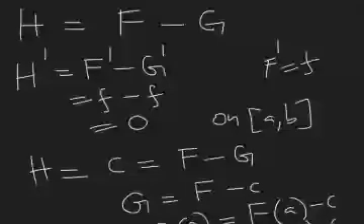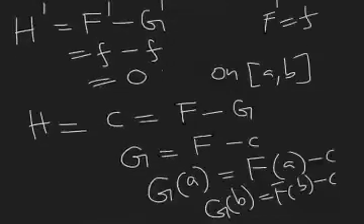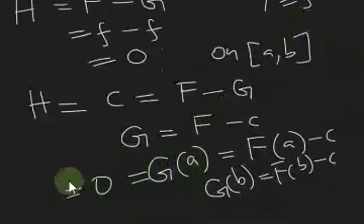So G of a is equal to 0. From here we get uppercase F of a is equal to c.